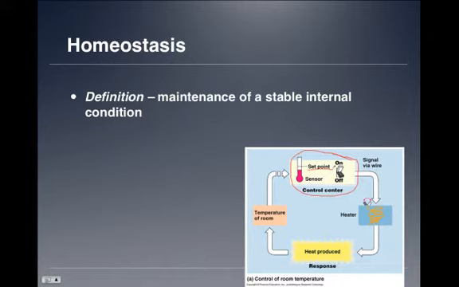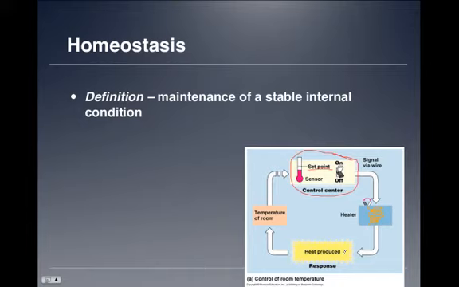And so what happens is, if for some reason your body veers from that set point, let's say you're sitting in a cold room and all of a sudden you start to get very cold, and your body temperature starts to drop, then this will trigger certain responses that will actually release heat.